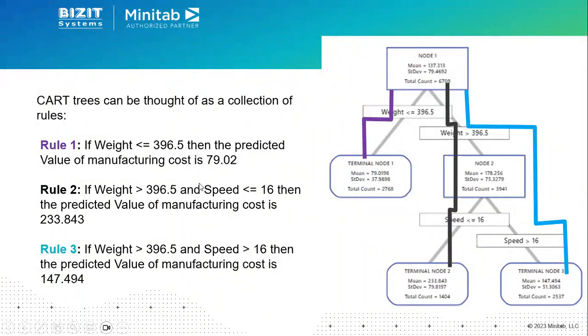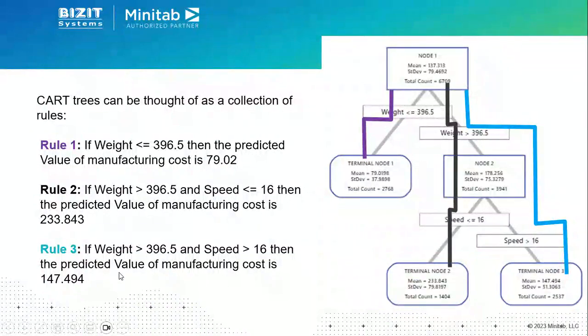From these 20 rows, maybe you want to find the lowest predicted manufacturing cost, or maybe the highest predicted value for the manufacturing cost. So where does it come from? Is it from the weight at this value and the speed at this value?